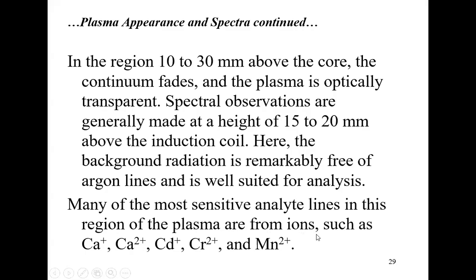But in this region, it's found 15 to 20 millimeters. When you take your measurements between 15 to 20 millimeters, then you minimize the cations, such as calcium +1, calcium +2, cadmium +1, chromium +2, and manganese +2 ions. Any question here?